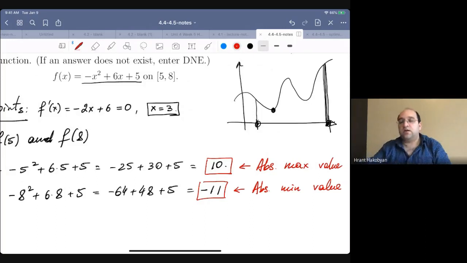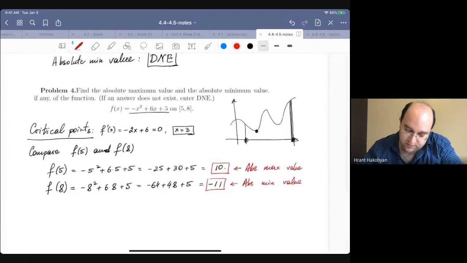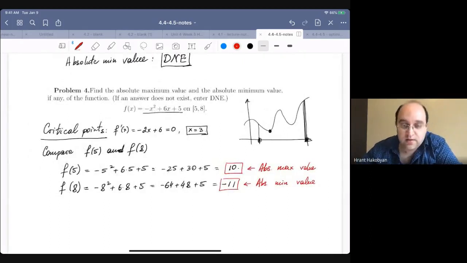Now, I could also have had a critical point inside the interval, and then I would have to compare the value of the function at that point as well, but I don't in this situation. Okay, so that's problem 4. Are there any questions about this problem?